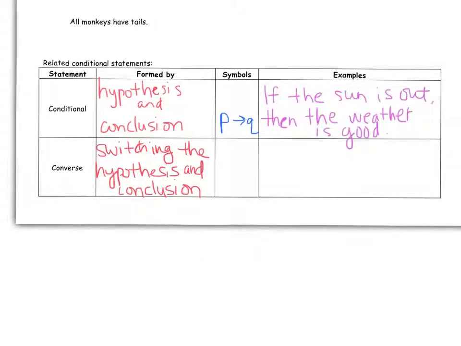So in terms of those symbols, if we're going to switch the hypothesis and conclusion, now we will have that Q implies P. We're literally switching the hypothesis and conclusion. Our statement is still going to begin with if, and we'll still have then in the middle, but what we underlined as our hypothesis and conclusion are the things that will switch places.